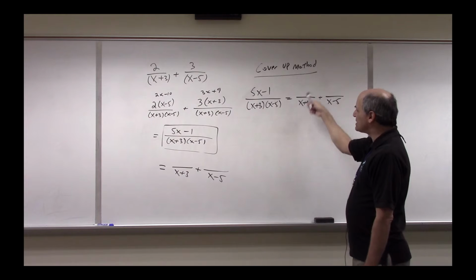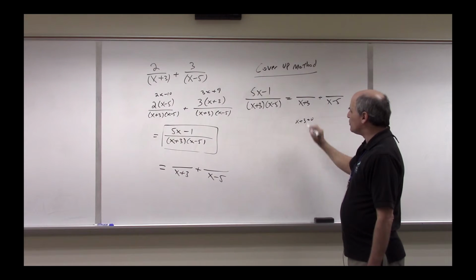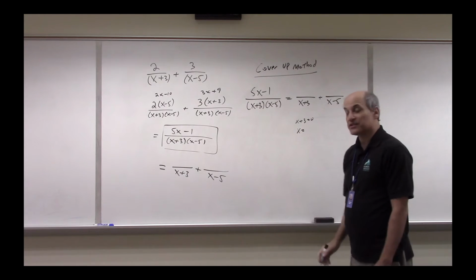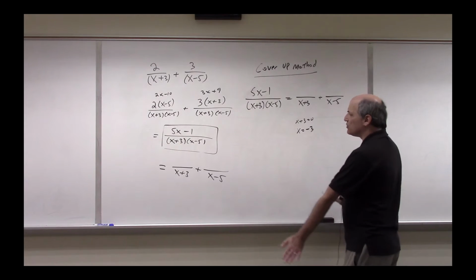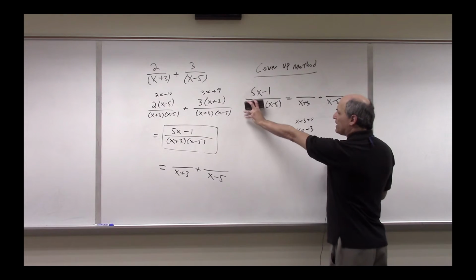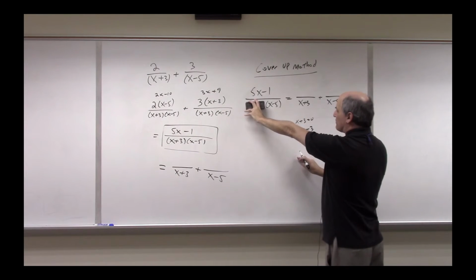Here, I ask myself this question. If x plus 3 equals 0, what would x equal? Hopefully the answer is obvious, negative 3. So now what I do is I cover up the x plus 3 term, and I plug negative 3 in everywhere that's left.